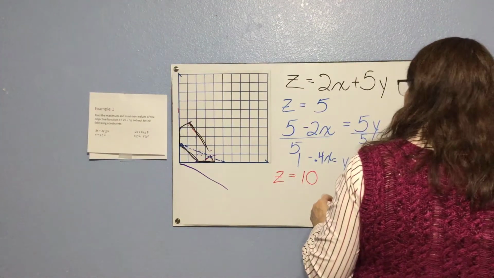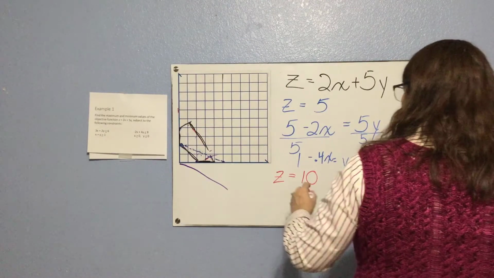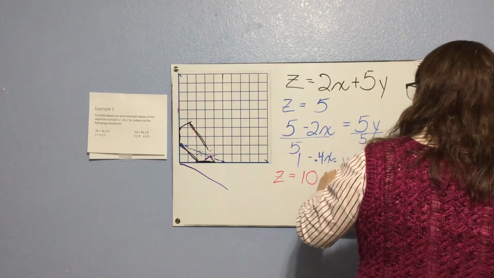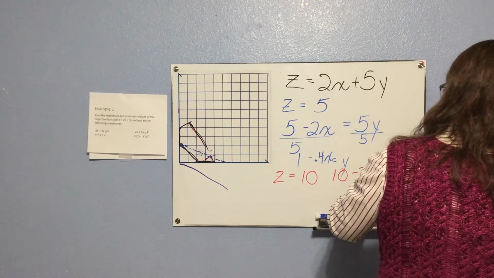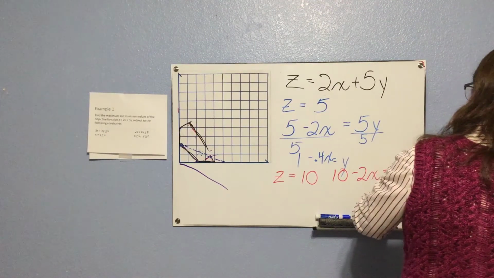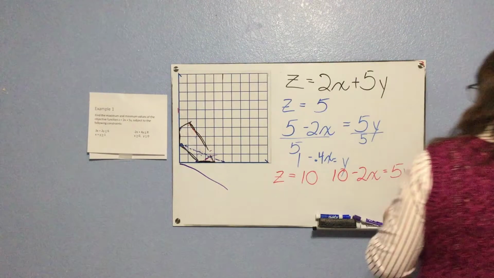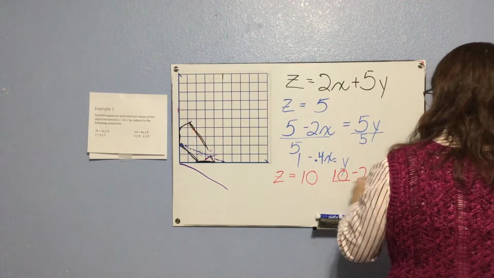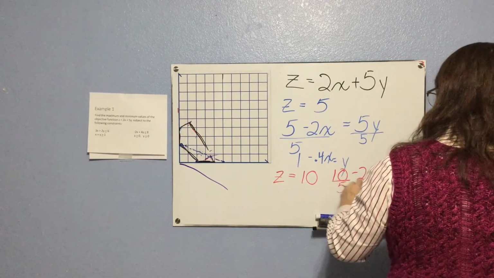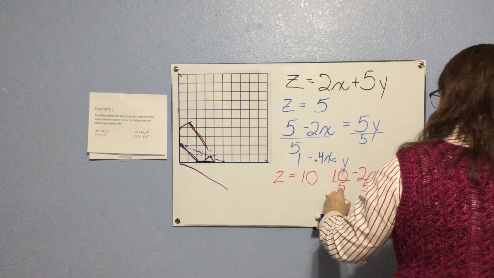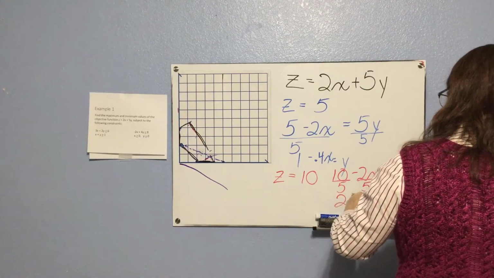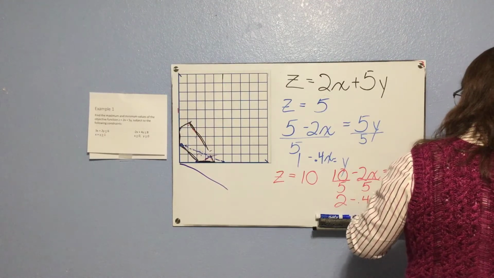For z equals 10, I'm going to have 10 minus 2x equals 5y. And then when I divide by 5, this would be 2 minus 0.4x equals y.